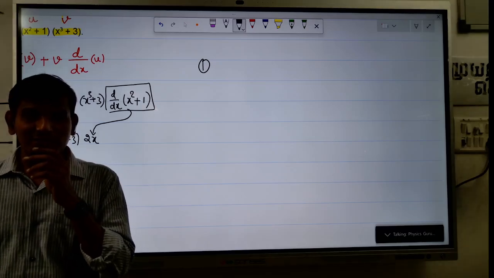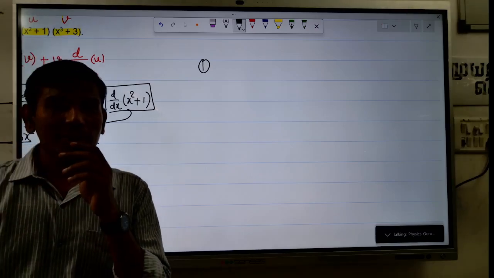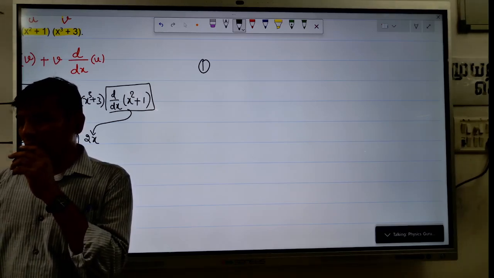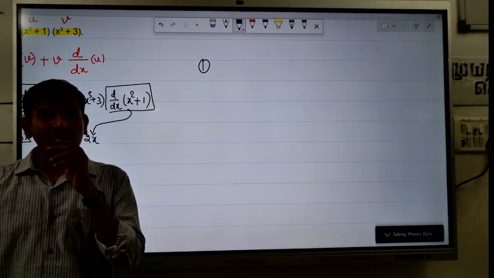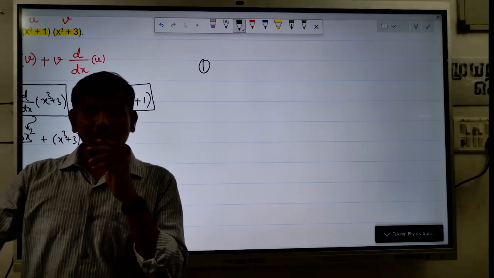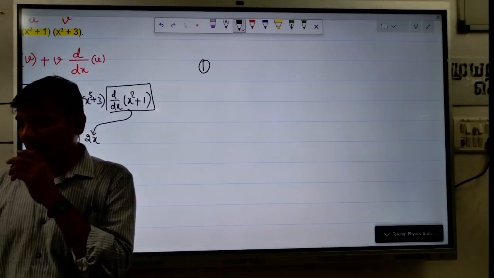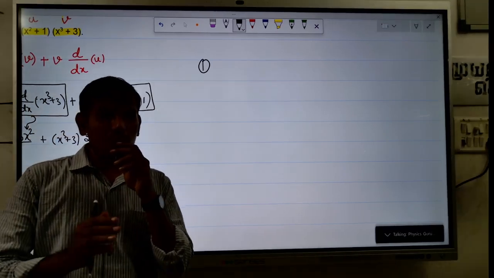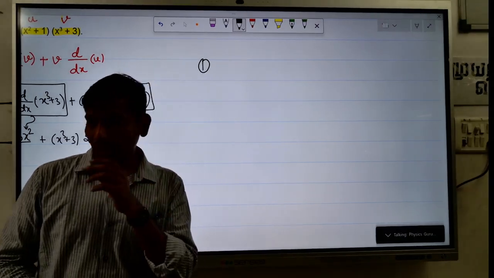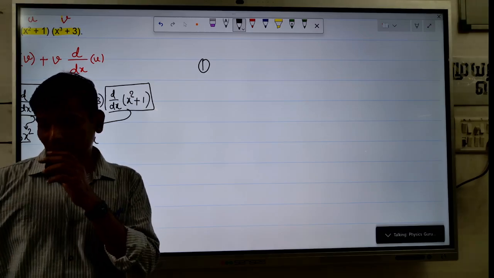So the rule says, if a body is at a state of rest or at a state of uniform motion, in order to change that state, from motion to rest or rest to motion, vice versa, if you have to change the mechanical state of that body, then you have to apply some unbalanced force on it.